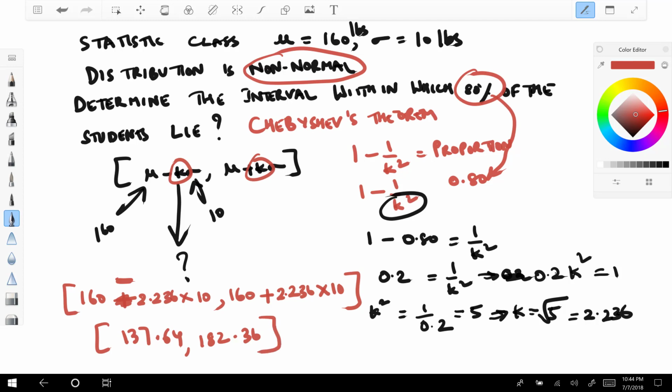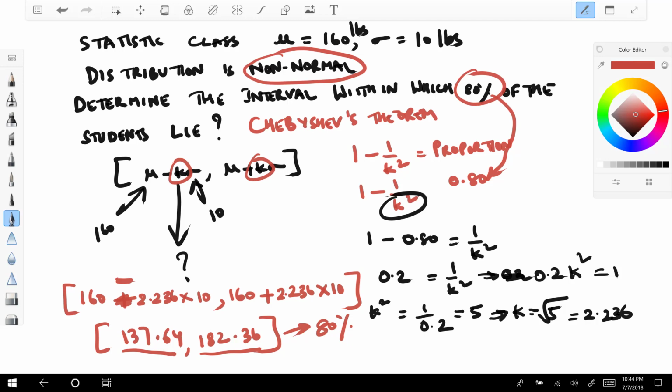So what this is saying is at least 80% of the data, or 80% of the students' weights, will lie between 137.64 and 182.36. So that is how we solve Chebyshev's theorem.